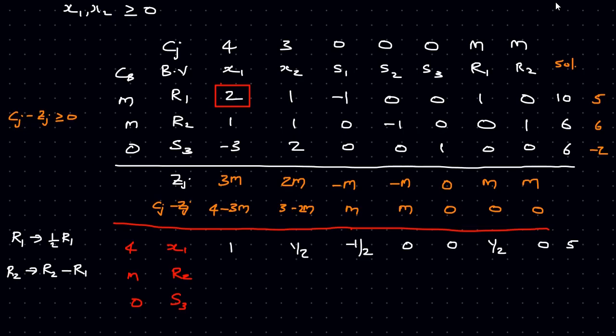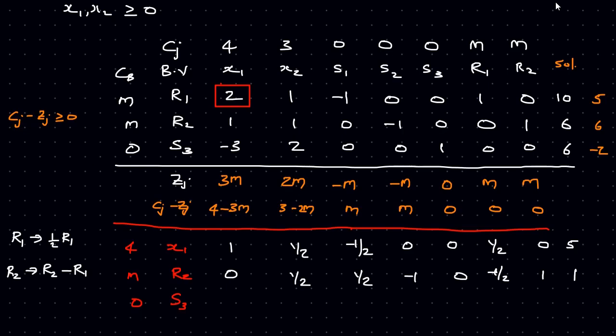So if I perform that calculation for the entire row 2, what I get is 0, then half over here, again half here, minus 1, 0, minus half, 1 and 1.